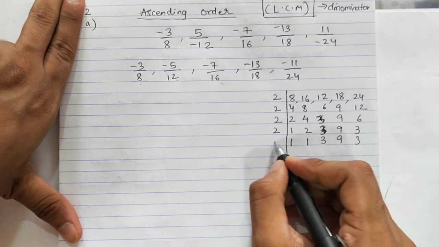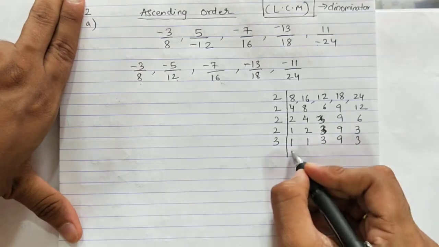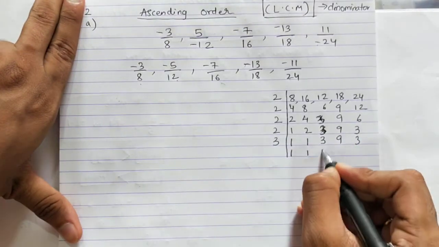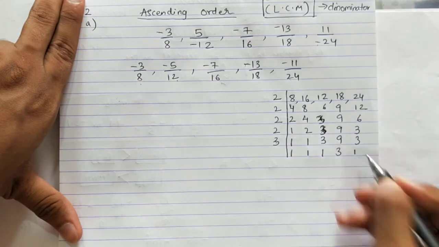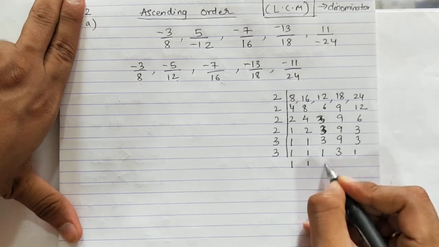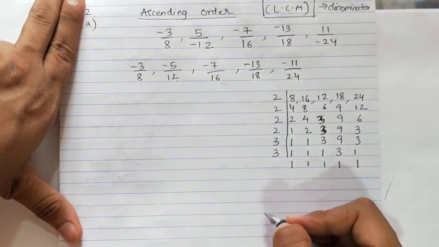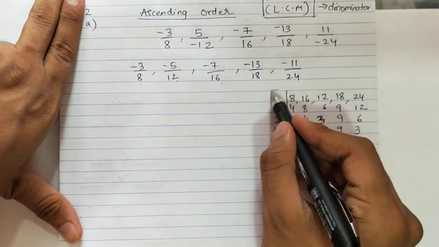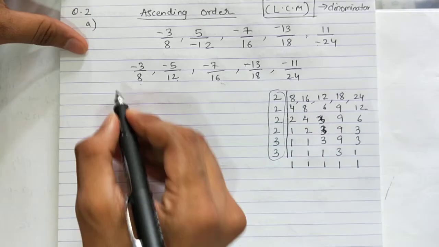Now 2s are done, so I'll take 3 now. 3 ones are 3, 3 threes are 9. One more 3, 3 ones are 3, and 1. We got all numbers as 1. So multiply all these numbers, this is your LCM.